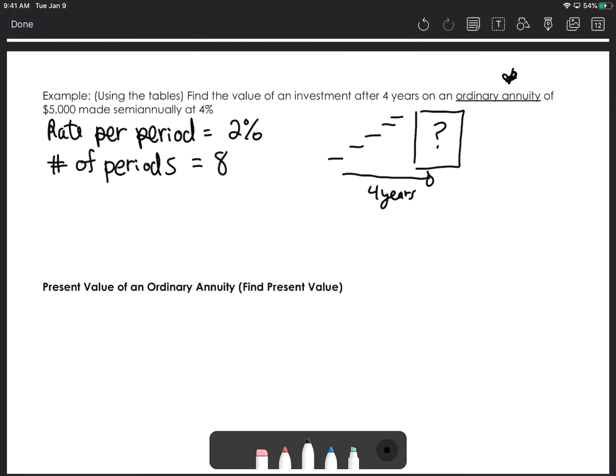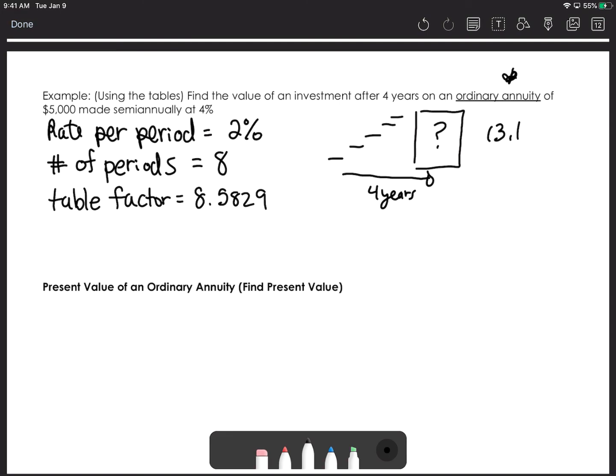So we're going to use table 13.1. We're going to look at the page that says 2%. We're going to go down the column that says 13.1 and find the number of periods, that's 8. We're going to get 8.5829.